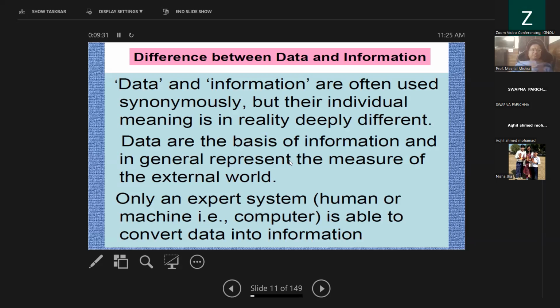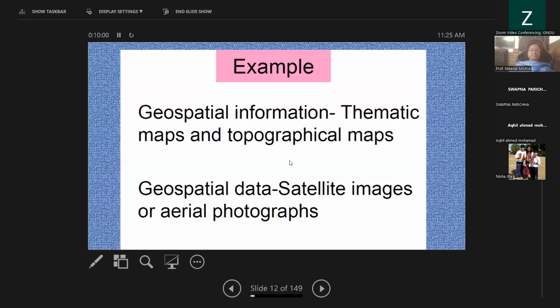Visually you can interpret it, or otherwise you have digital interpretation methods done using software on the computer, which convert that data into information, as Professor Deshmukh and Rohitas must have shown you in your practical sessions. Examples of geospatial information are thematic maps and topographical maps, and geospatial data are satellite images and aerial photographs.